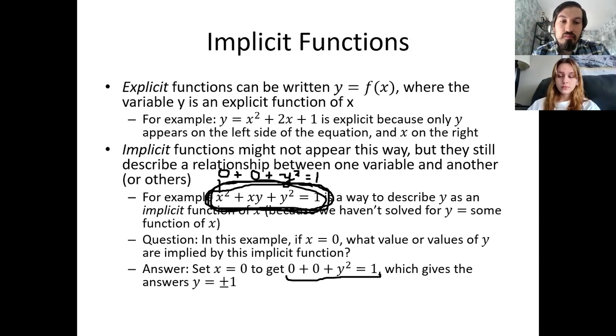However, we can still say it is an implicit function of y and x in a region. Let's say we're at the point x equals 0 and y equals 1.